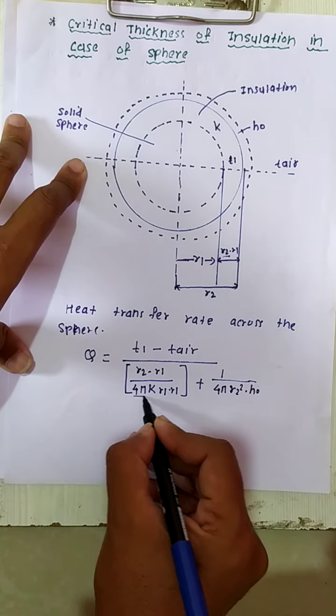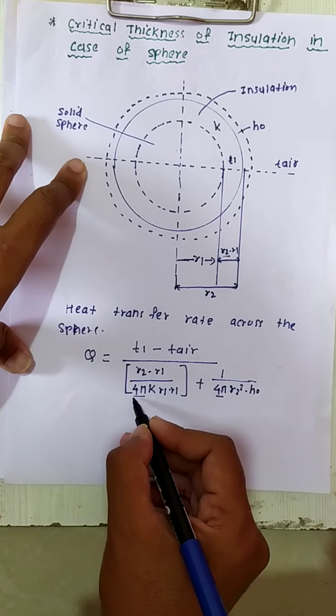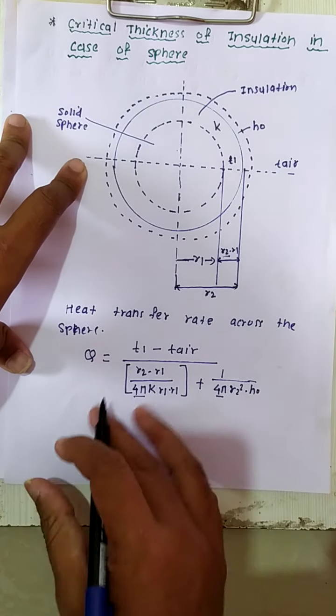So 4 pi is common here, so take it common and shift it into the numerator.